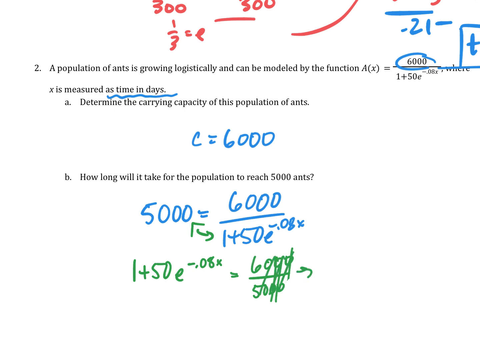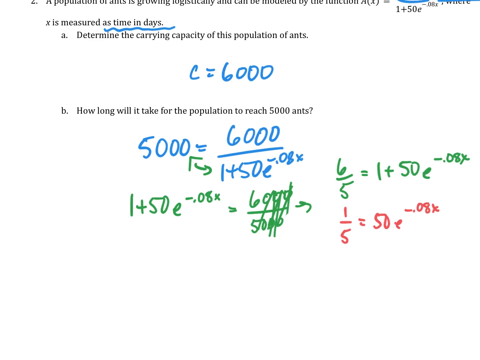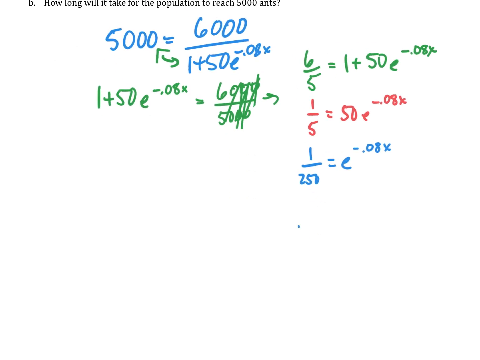Okay, so we have 6/5 equals 1 plus 50 e to the negative 0.08x. Subtract 1, I get 1/5 equals 50 e to the negative 0.08x. Divide both sides by 50. I get 1 over 250 equals e to the negative 0.08x. I say ln 1 over 250 equals negative 0.08x. Divide both sides by negative 0.08.